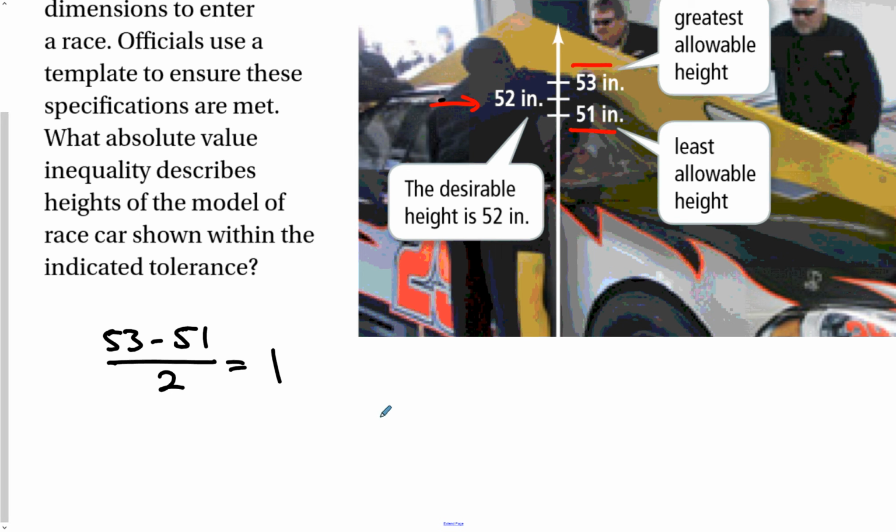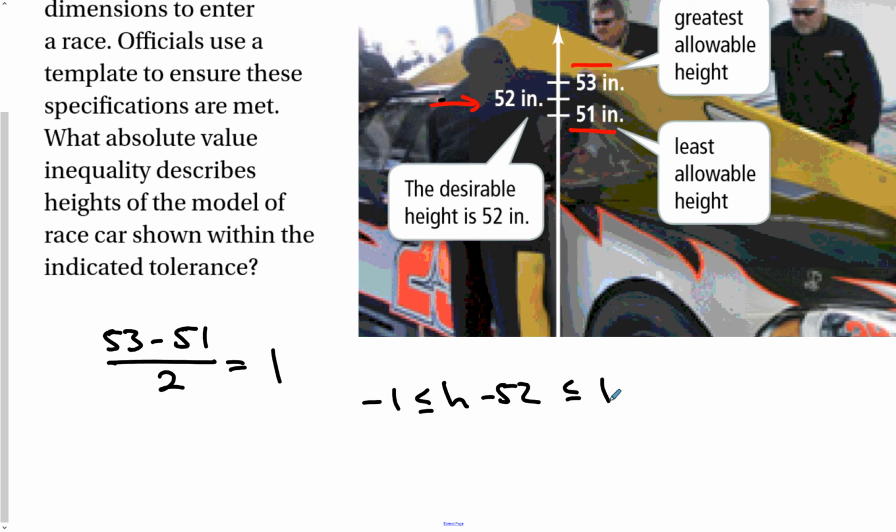So that means that my equation has to be the height minus 52. If it's 53 minus 52, that's a positive 1. Or if it's 51 minus 52, that's a negative 1. The height minus the midpoint has to be somewhere in between negative 1 and positive 1.